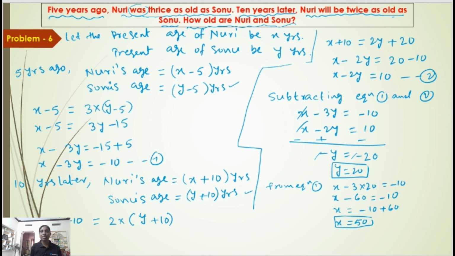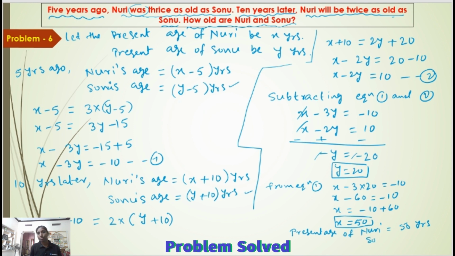It means the present age of Noori is 50 years and the present age of Sonu is 20 years. Okay, so we have solved the problem.